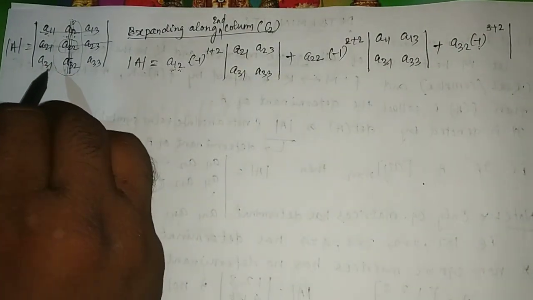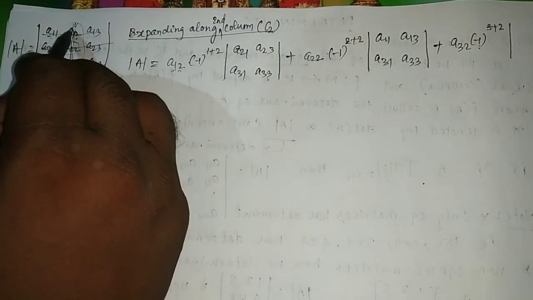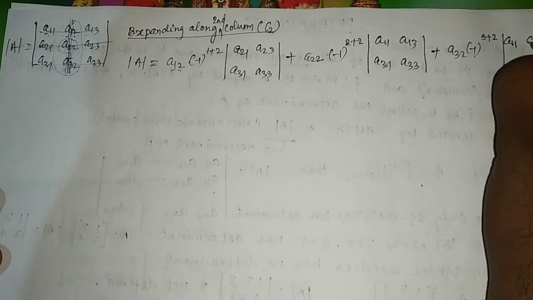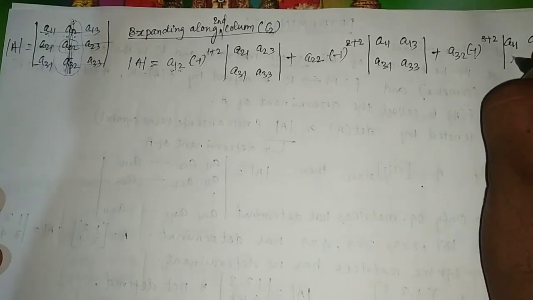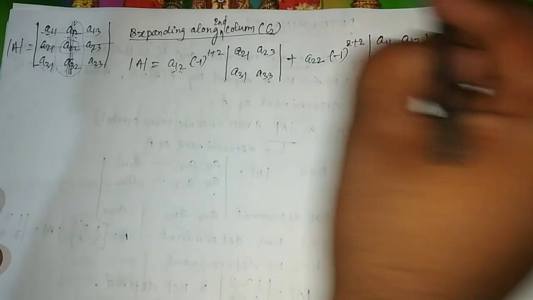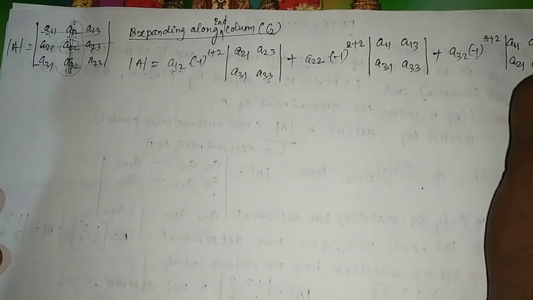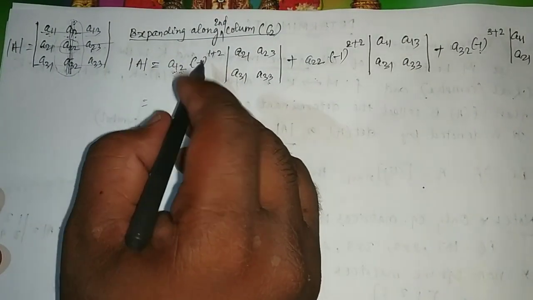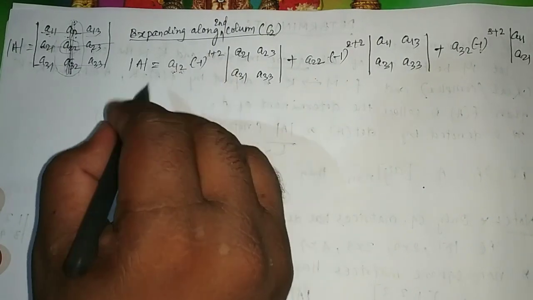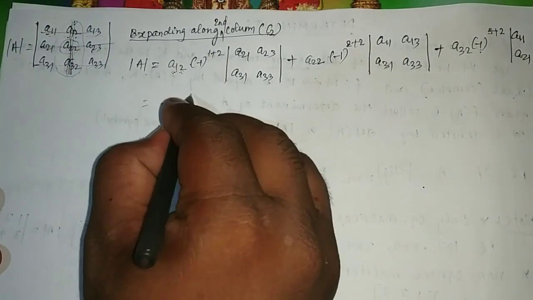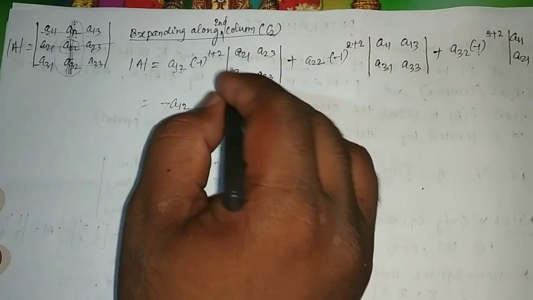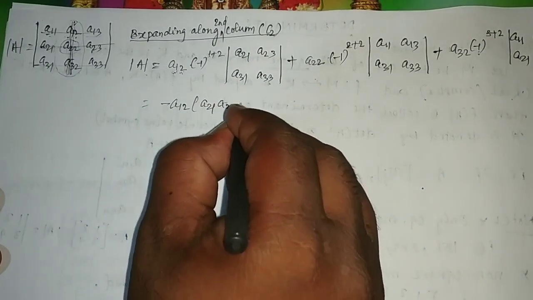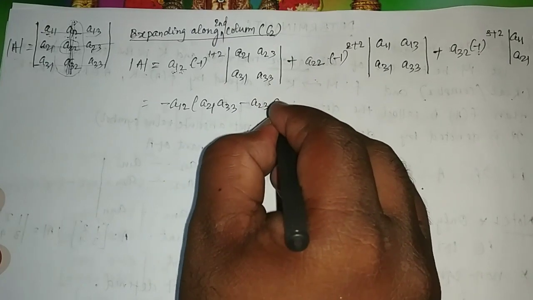By deleting the third row and second column, we get A11, next A13, similarly A21 and A23. Look at here. Here we get minus 1 to the power 1 plus 2, which is equal to minus 1, and expanding this 2 cross 2 determinant, we get A21 A33 minus A23 times A31.